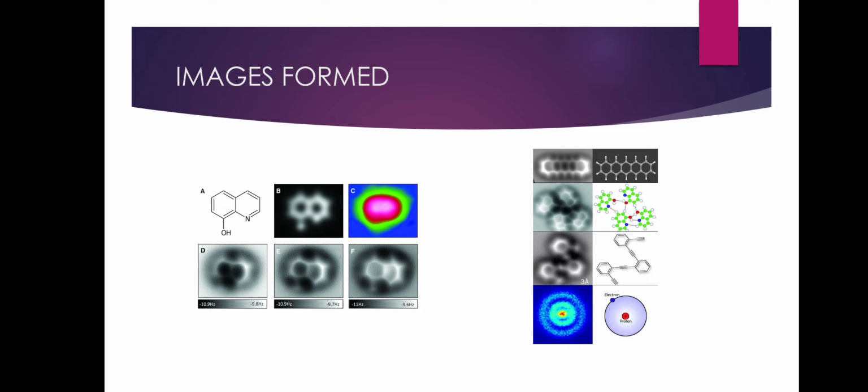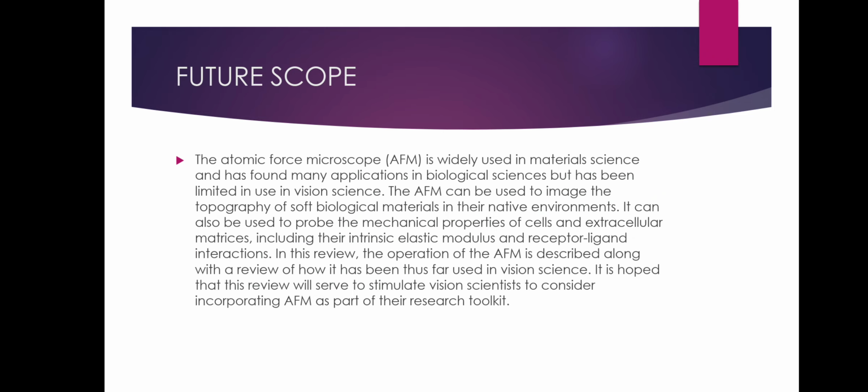So all these images can be seen by using AFM. This has great value in studying small nanoparticles, biomolecules, chemistry and biochemistry. This has very great applications in those fields too.